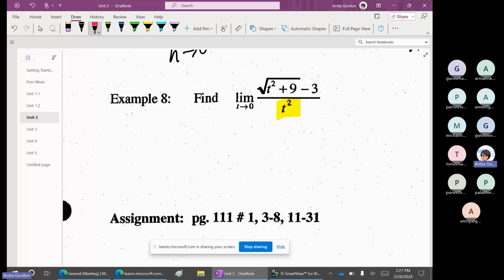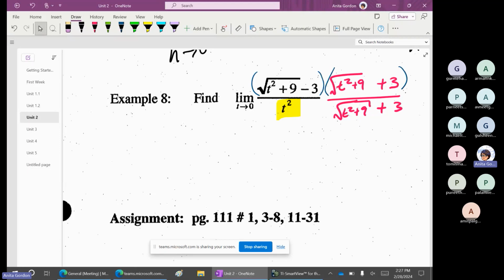My next thought is, let's try rationalizing. So I'm going to multiply top and bottom by the square root of t squared plus 9 plus 3. Okay, the top, I have a difference of squares.